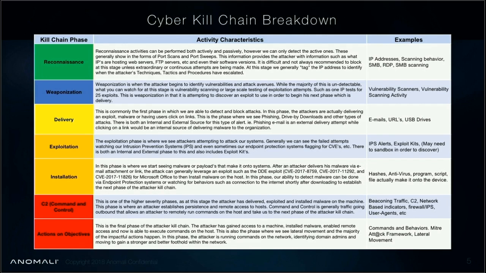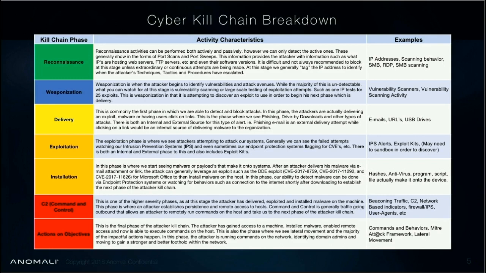And then of course, installation, where we start seeing the malware or the payload on systems. All right, attacker delivers the malware as part of an attachment or link, but they're looking to exploit specific vulnerabilities on systems. CVE-2017-8758 is one of them, or 59.